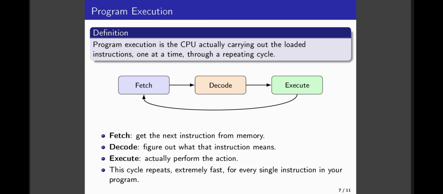Let's break each one down. Fetch means getting the next instruction from memory. Decode means figuring out what that instruction actually means. And execute means actually performing the action. This cycle repeats extremely fast, millions or billions of times per second for every single instruction in your program.